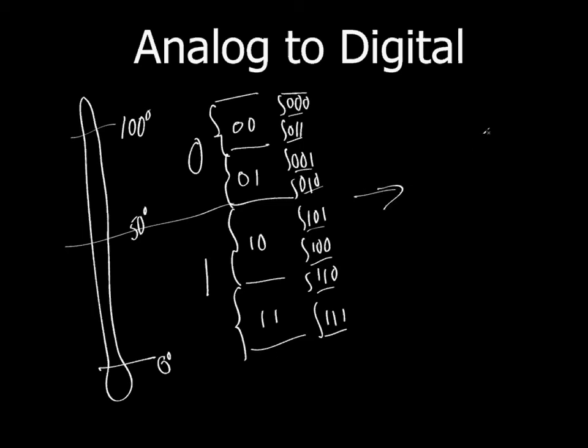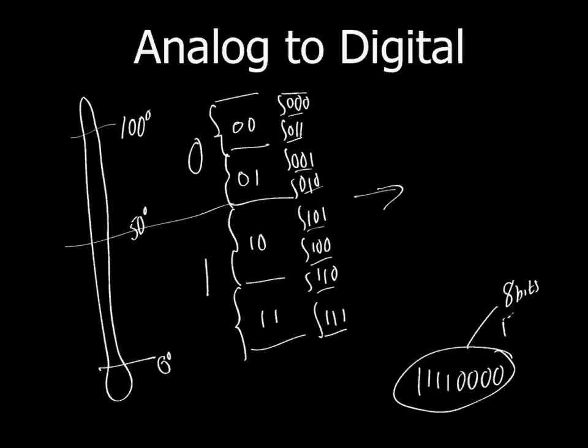We can keep going with this, and if we get up to 8 bits, so this in total is 8 bits, and 8 bits is known as a byte. 8 bits will divide this into 256 possible zones.